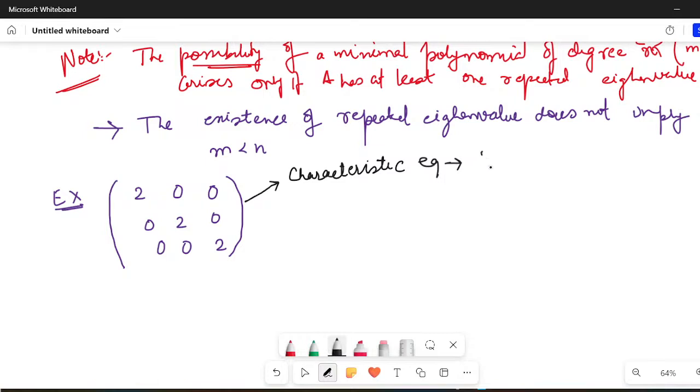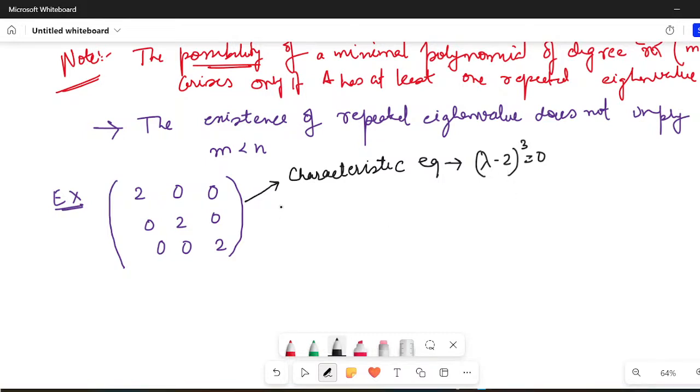Your characteristic equation would be (lambda minus 2) whole cube. This is quite easy to see. If it is a diagonal matrix, then the corresponding eigenvalues lie on the diagonal, and all of these are 2, 2, 2. So the characteristic equation would be (lambda minus 2) whole cube.